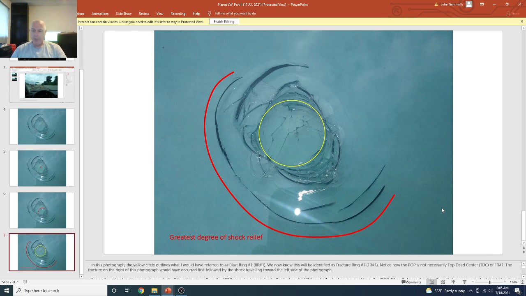Notice how the POP, point of penetration, is not necessarily top dead center, TDC, of FR number 1. The fracture on the right of this photograph would have occurred first, followed by the shock traveling toward the left side of the photograph.